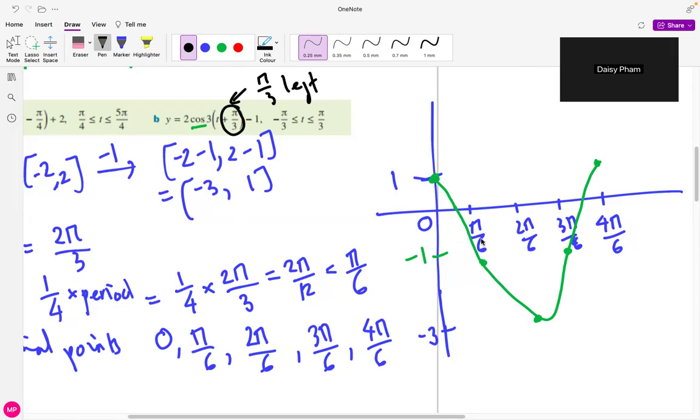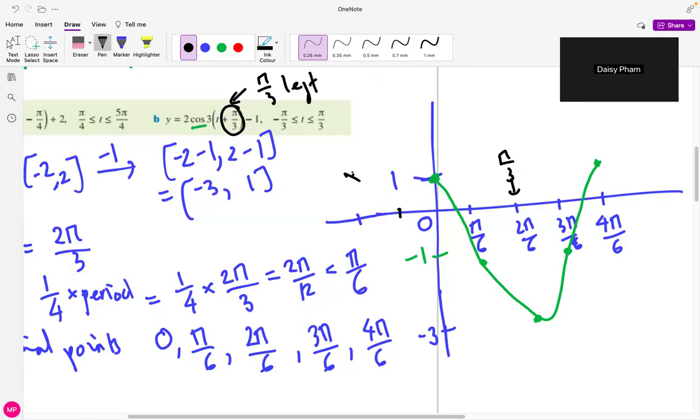You can see this is π/6, so π/3 is 2 scales, 1, 2.